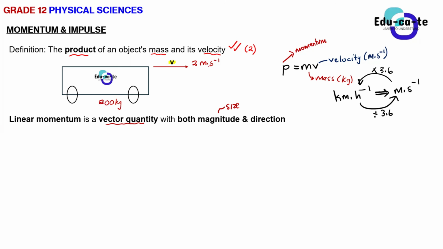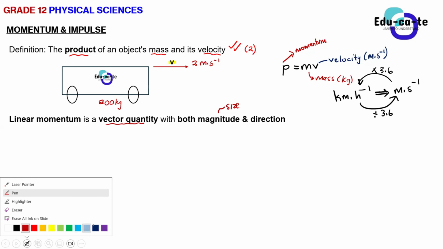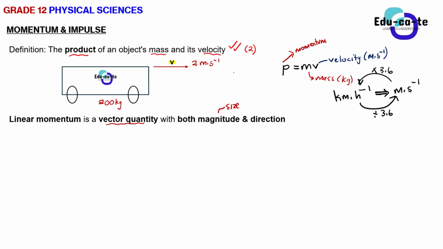Remember that the direction of a velocity always determines the sign, because it's a vector. When the vehicle is moving to the right or to the east, the velocity is positive. When the vehicle is moving to the left, it is negative.